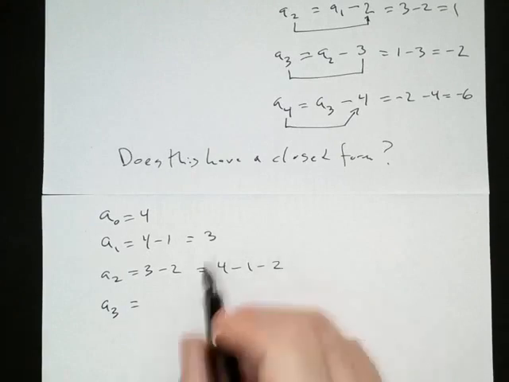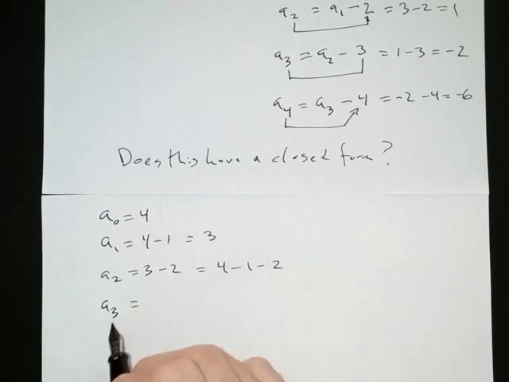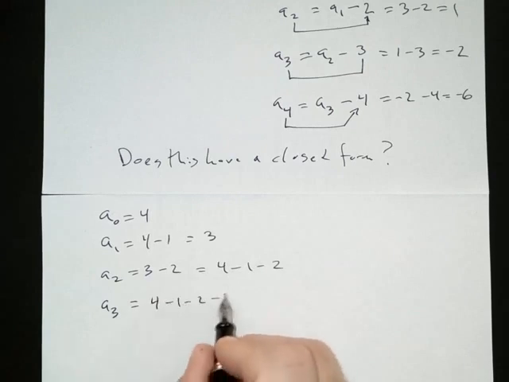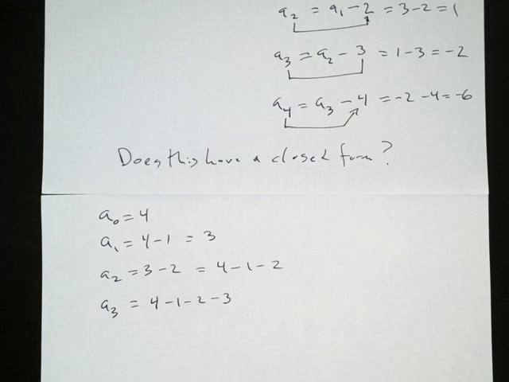It's the line before minus 3. And A4 is the line before minus 4.